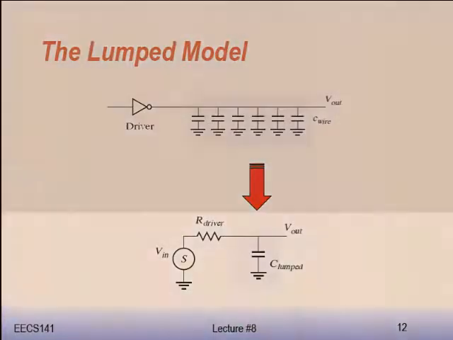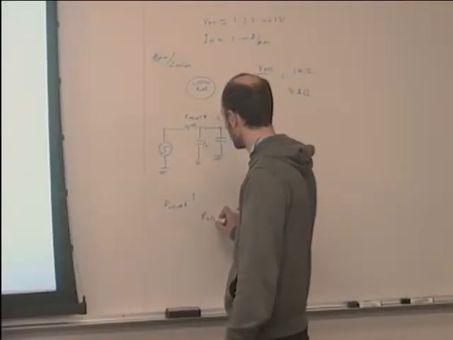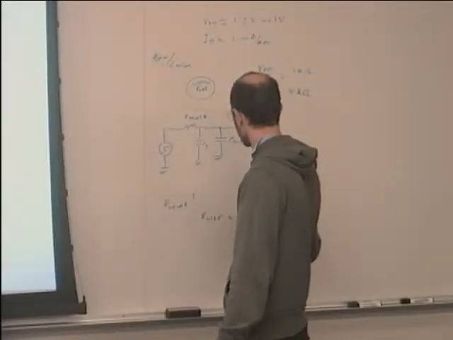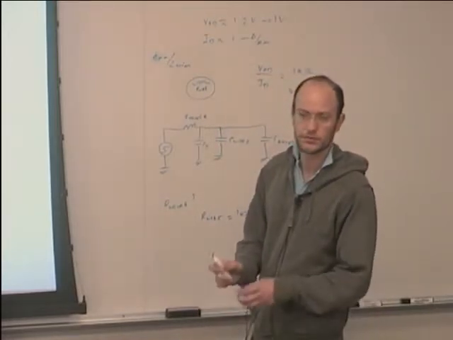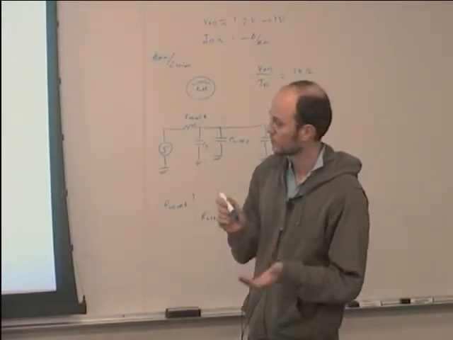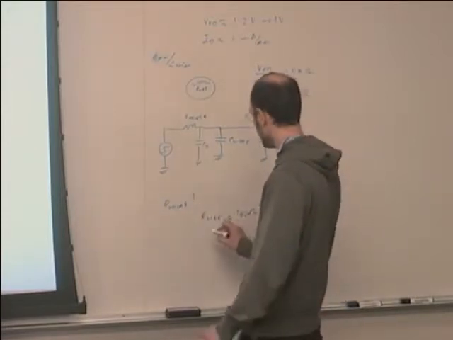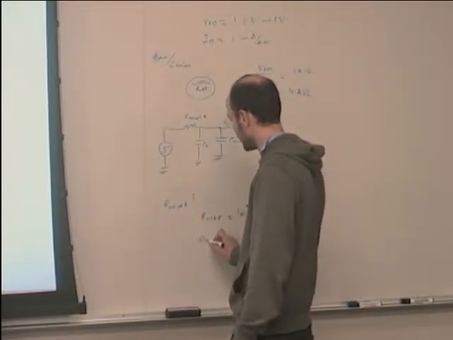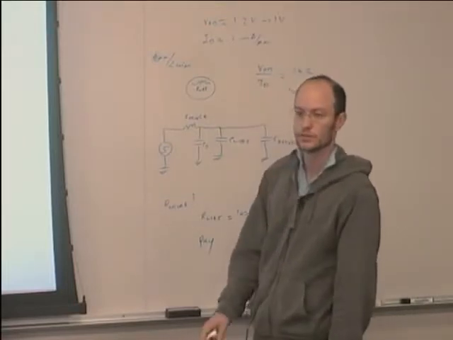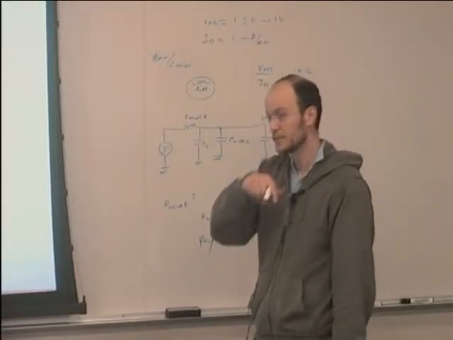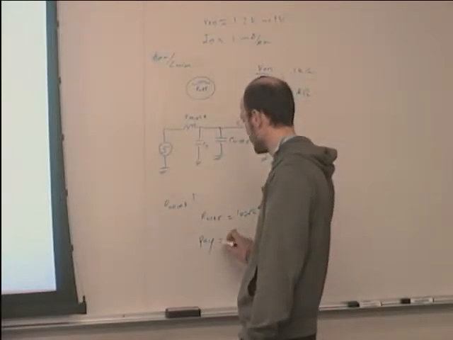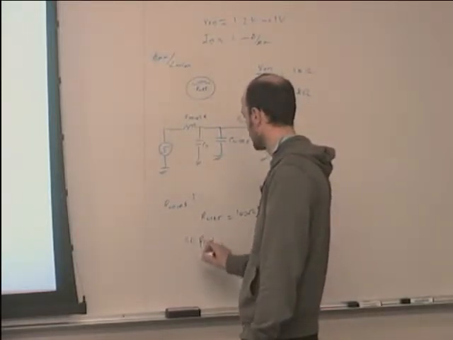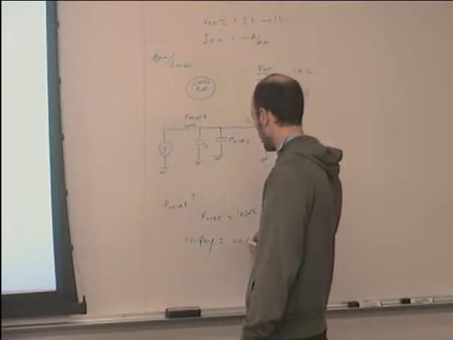So the next question is, how can we make the wire resistance 100 ohms? Let's say we use poly. Yes? Right, so you just use the table from before. I think we said salicided poly was about 4 ohm per square.